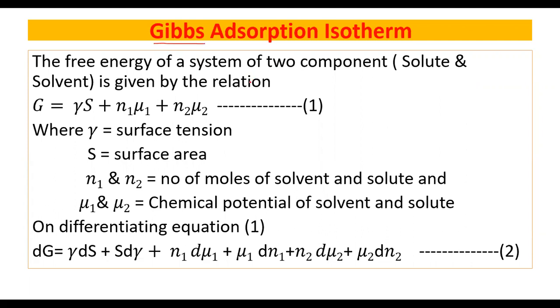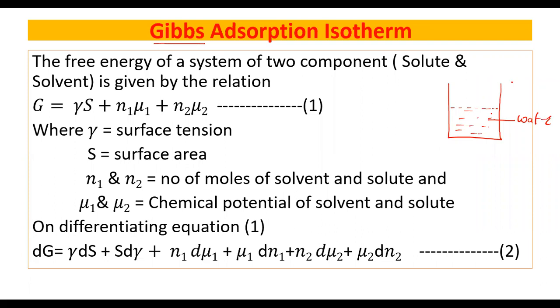So we know the free energy of a system of two components. Suppose we have taken two components here, solute and solvent. Suppose this is the solvent, water, and we are adding the solute here.